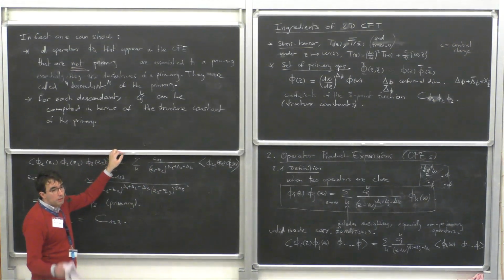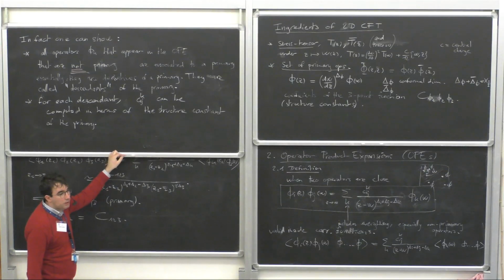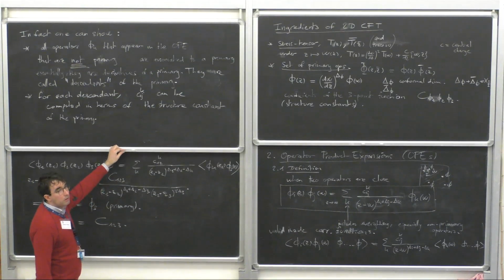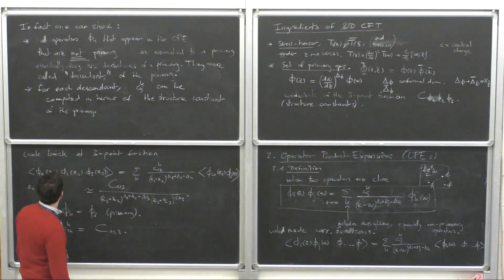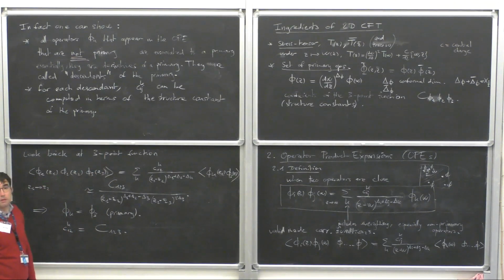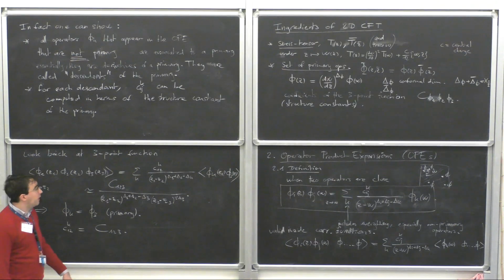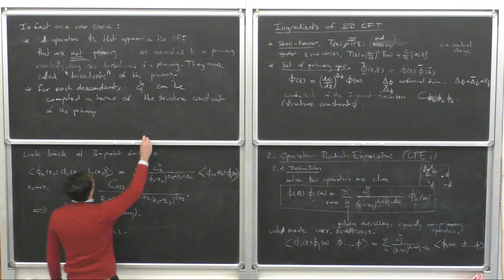So what are the primary fields in the Gaussian free field? Yes, the vertex operators are the primary fields. They are not the only ones. Also the gradient would also be.